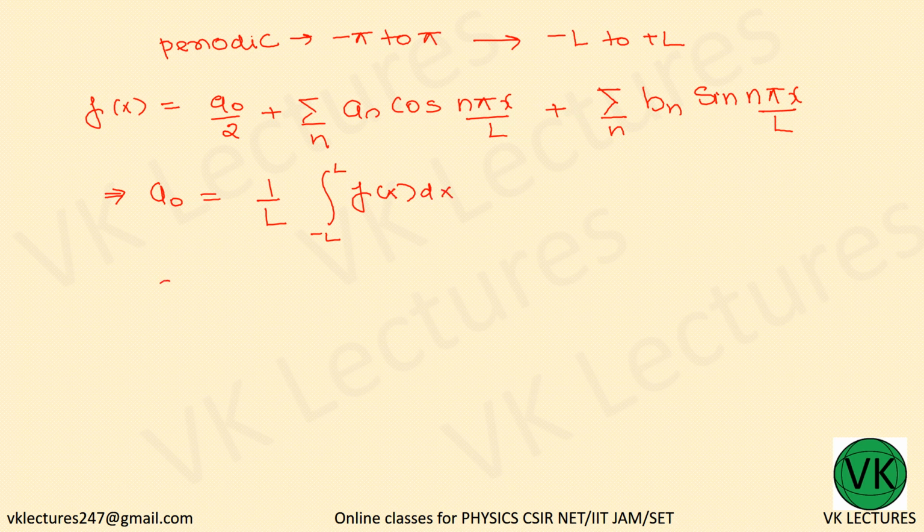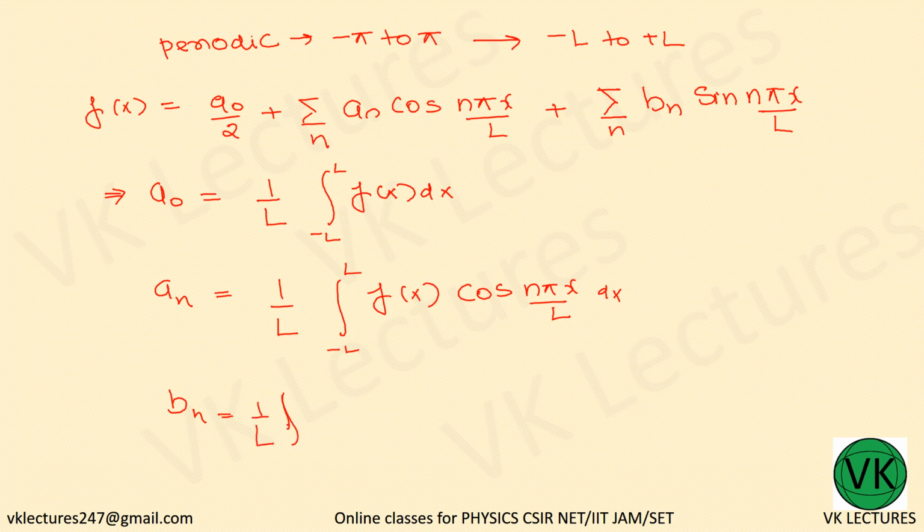An is equal to 1 by L integral from minus L to plus L f of x into cos n pi x by L dx, and bn is equal to 1 by L integral from minus L to L f of x sin n pi x by L dx.